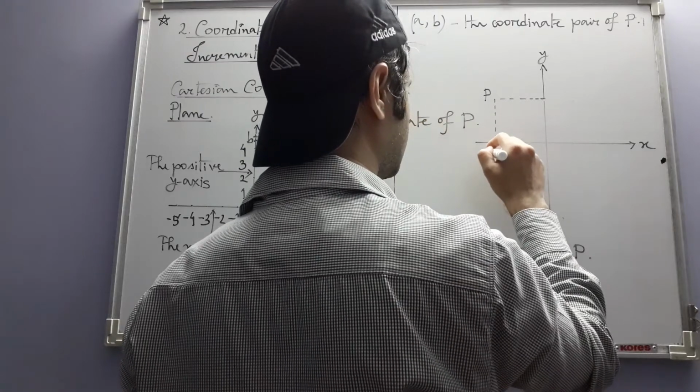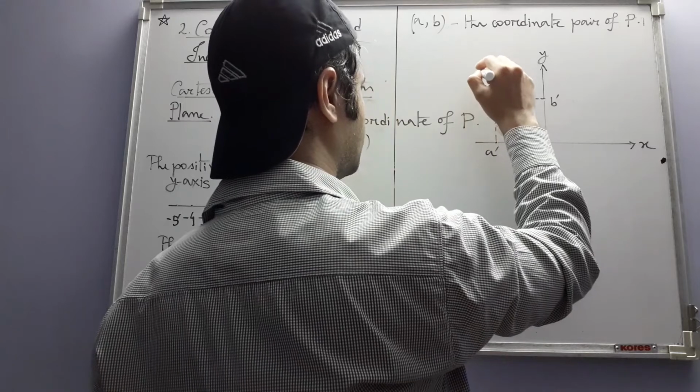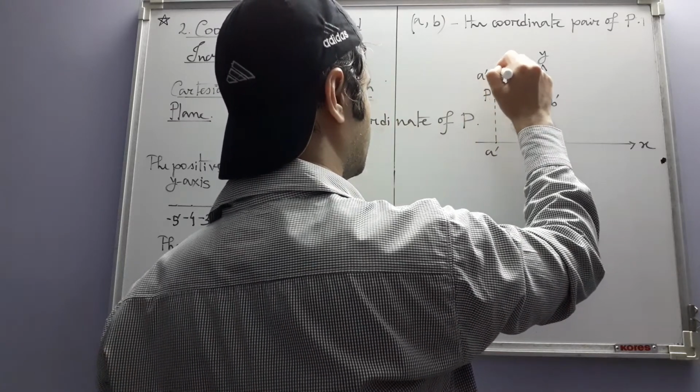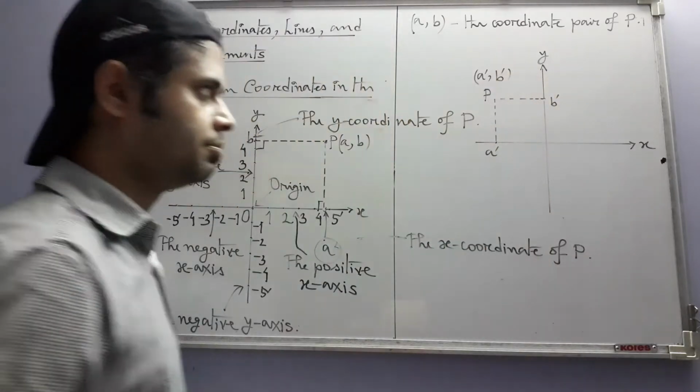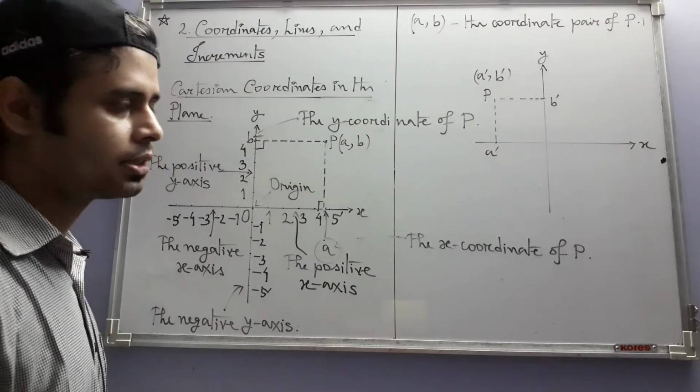Say this is a prime and this is b prime, then the coordinate pair of this point will be a prime comma b prime. Okay, so such points also have coordinate pairs.